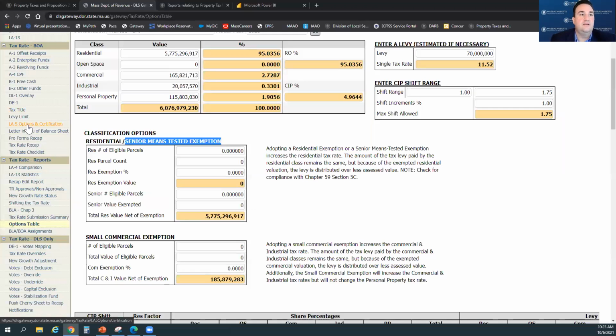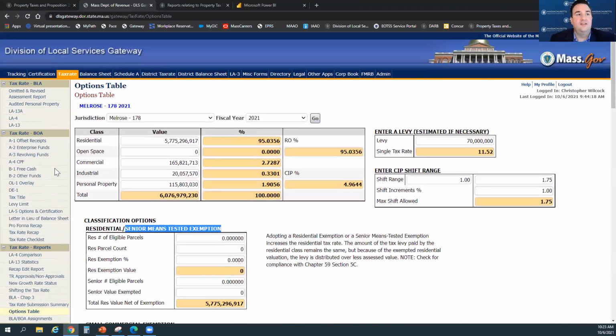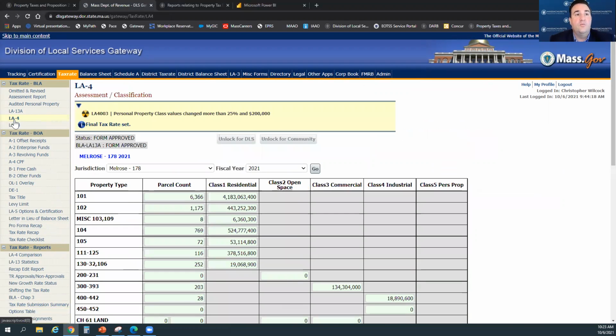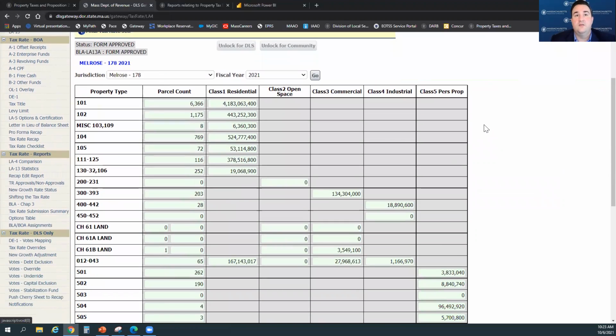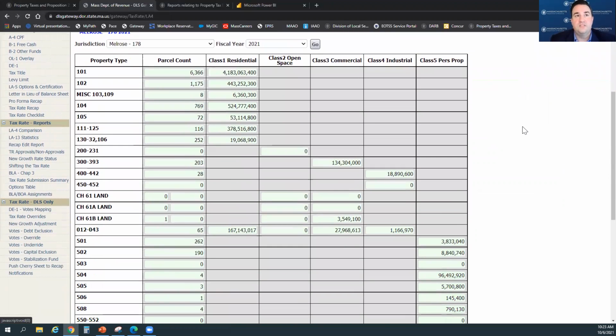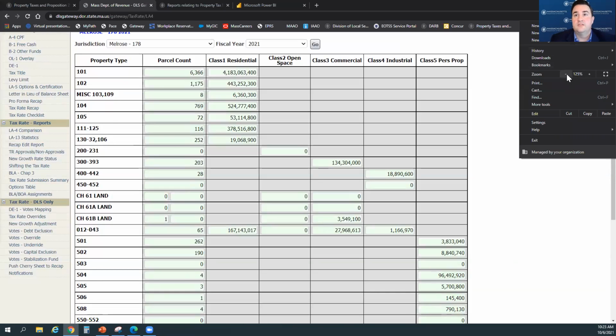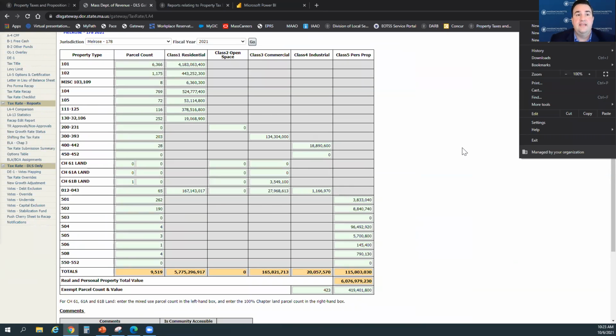So what we're looking at here is what we can extract for a presentation. One thing that I wanted to look at was different forms that I think are very important and why they're important. In all the presentations that I've seen, it's nice to show how many single families, what the parcel mix is, what the total valuation is for the community.